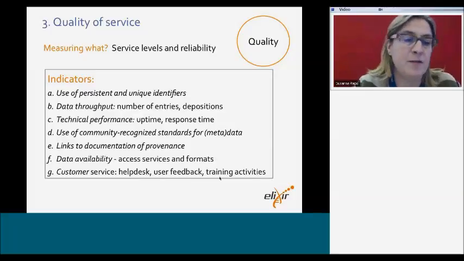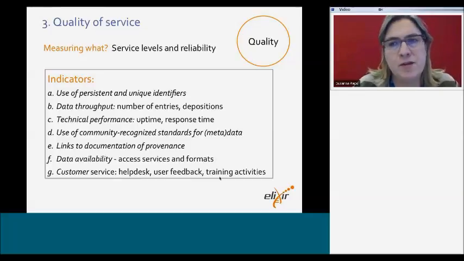Are the facts, if you like, in the resource linked to documentation to show the provenance? So, for example, if it's a sequence submitted to the database, can you link to the paper in which the experiment is described? Is the data available for reuse? So, what kind of services are attached? Like APIs, bulk download facilities?